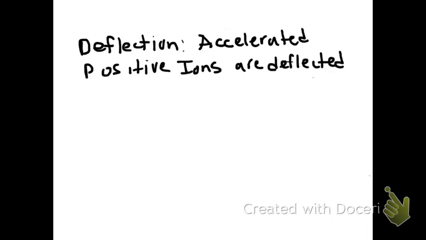Now, the amount of deflection. Okay, so they're accelerating. They're positive ions. They're going to be deflected. So how do we know how much deflection is going to occur? Well, the amount of deflection depends on the charge-mass ratio.